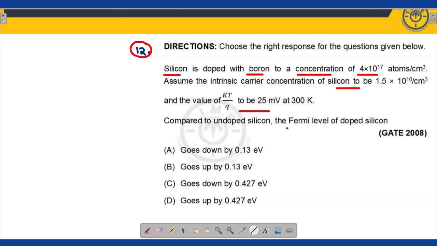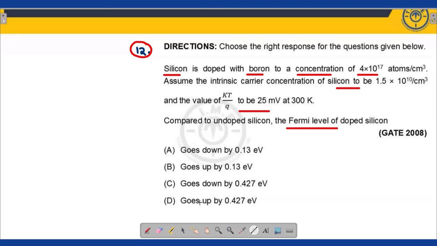So we need to find the Fermi level of the doped silicon. Very, very important is that we need to see the Fermi level in this particular type of semiconductor. Here, boron, this is generally a P-type semiconductor.